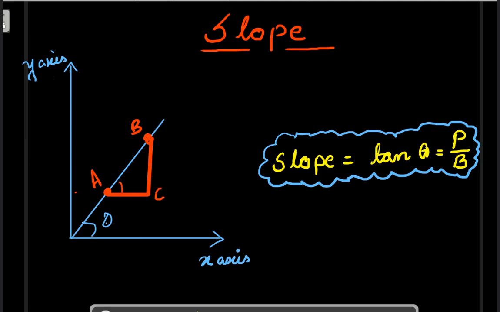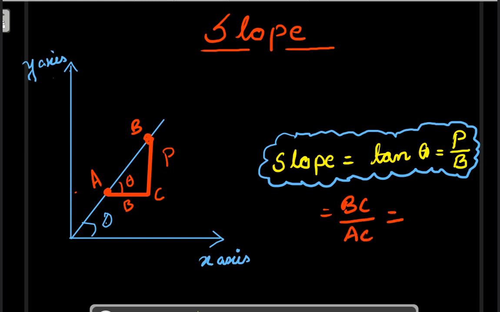Let us say this is also angle theta because these two angles are corresponding angles since AC is parallel to x-axis. Now we know slope is tan theta and tan theta is perpendicular by base. So in this triangle, the side which is opposite to theta is perpendicular and attached to theta is base. That means BC upon AC is my slope in this triangle.